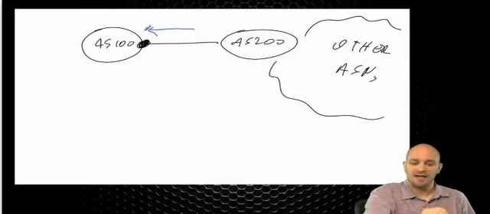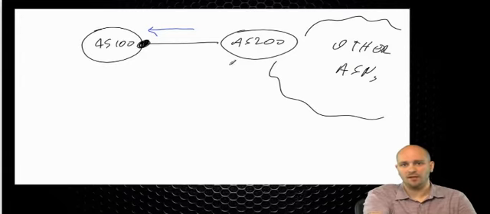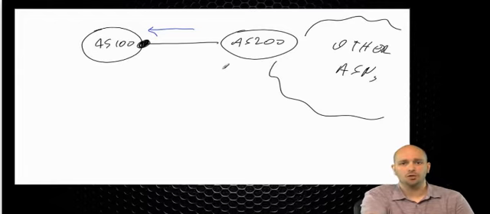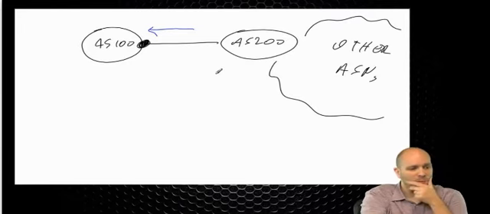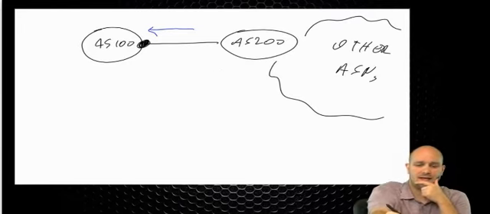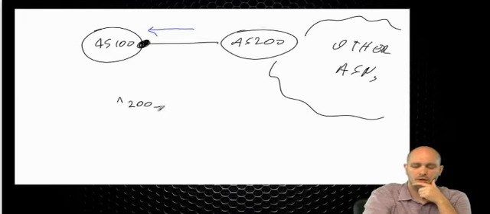Now, the task here says, make sure that you allow the traffic coming in from AS200, and AS200 may be allowed to prepend. Okay, so how am I going to solve that particular task? So I can say something like, okay, I'm going to allow the routes that are coming from AS200, but how do I know if they are prepending? Okay, so let's do this.